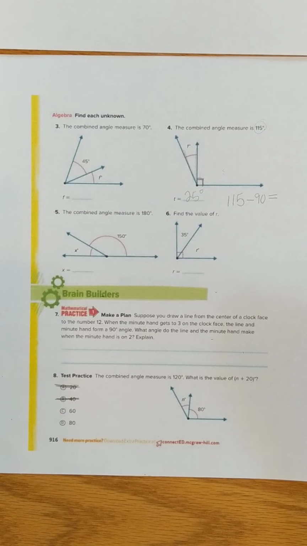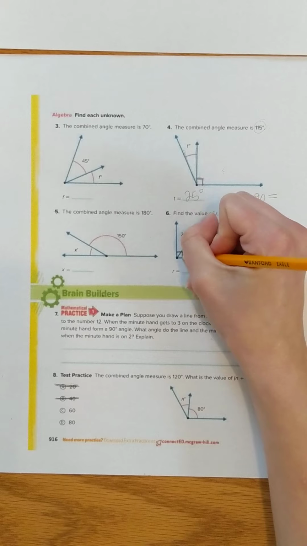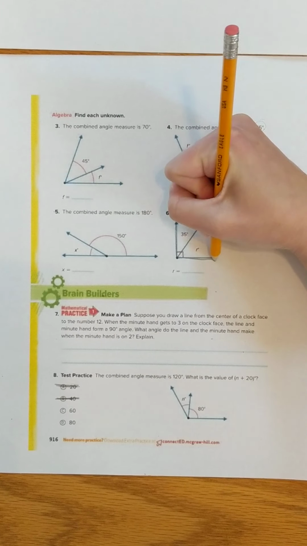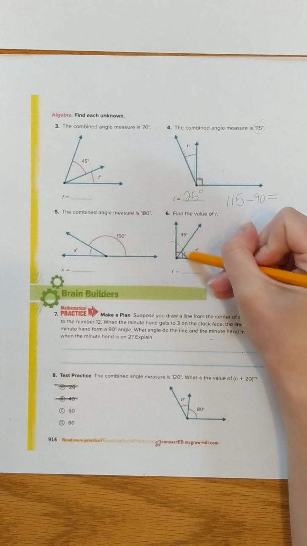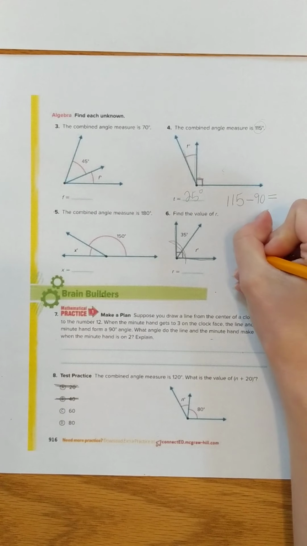Okay, number 6 is very similar to number 4, because again, I see this angle mark here, which means that these two rays form a right angle. That tells me that this combined angle measure, if I were to measure it, would be 90 degrees.